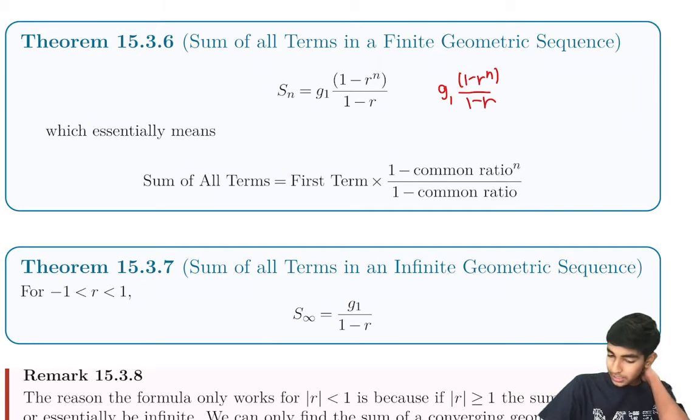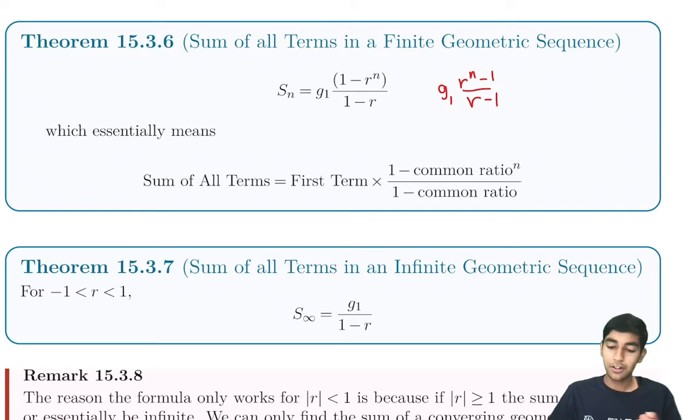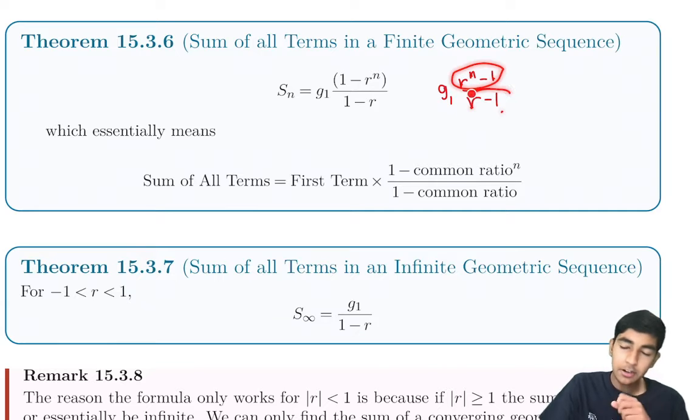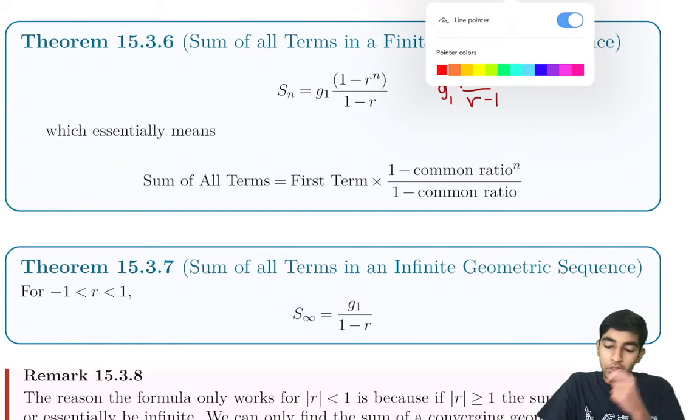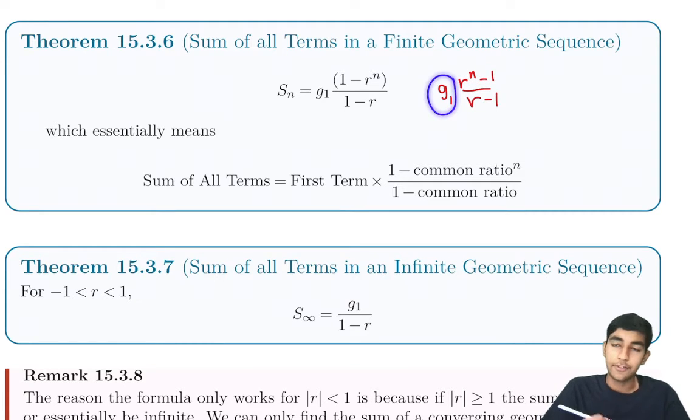Or another way of putting this that's oftentimes more helpful is the first term times r to the n minus 1 over r minus 1. The easy way to remember it is r to the n minus 1 over r minus 1. Numerator, denominator, they're so close, but the only difference is r has a power of n in this case. And then you, of course, will just multiply by the first term.